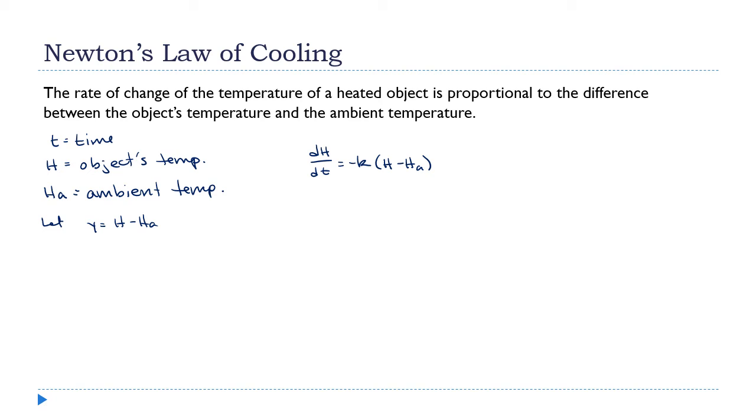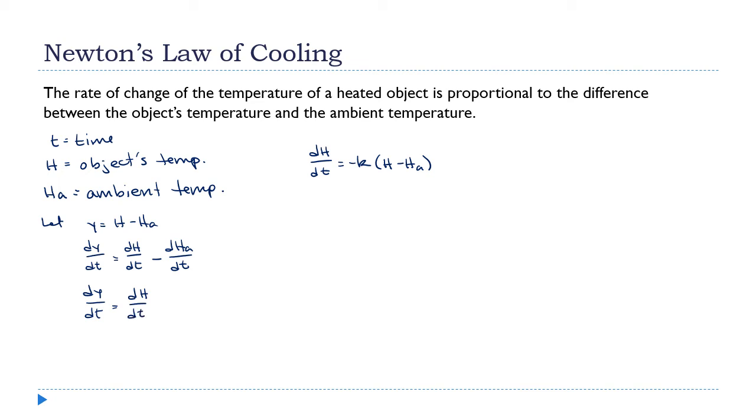So if this is the case, then dy/dt equals dH/dt minus dH_A/dt. But remember, H_A is a constant, and the derivative of a constant is 0, which means dy/dt is actually equal to dH/dt.